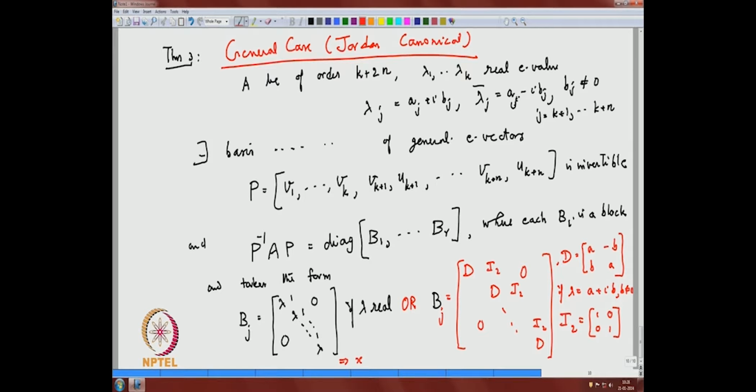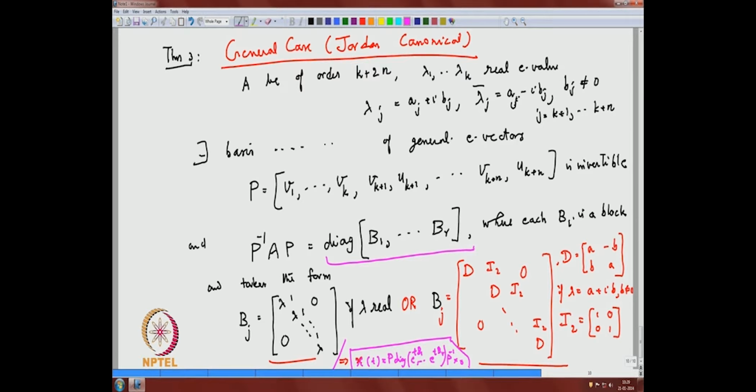For each Bj you solve it separately, and each Bj will have one of these two forms. So, you can immediately write your solution x of t is equal to, let me finish on this page itself, P times the diagonal, since even for the block the diagonal form works, of e power t B1 up to e power t Br, times P inverse of x naught. So, you have your complete solution.